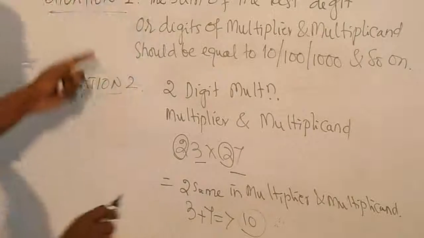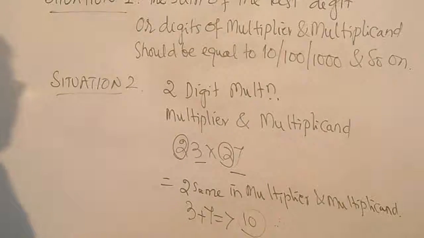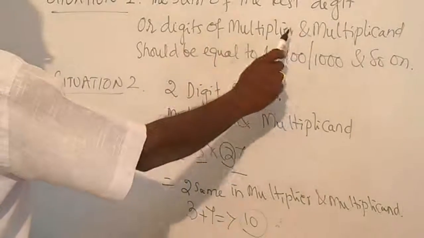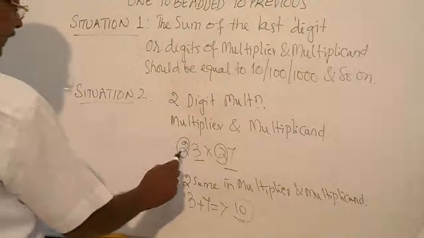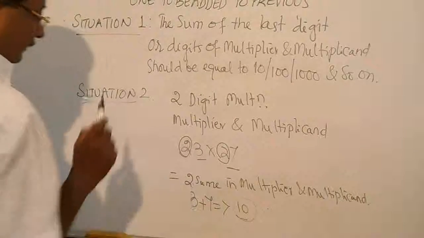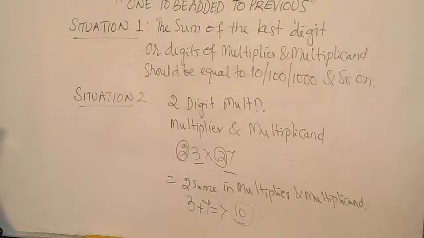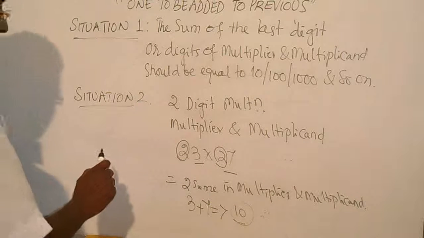Here we have 2 situations made out: the sum of the last digits of a multiplier and multiplicand equals 10, and the prior digit, that is 2 and 2, is the same. In this case only we can utilize this Ekadikena Purvena and solve the sum, that is 23 into 27.